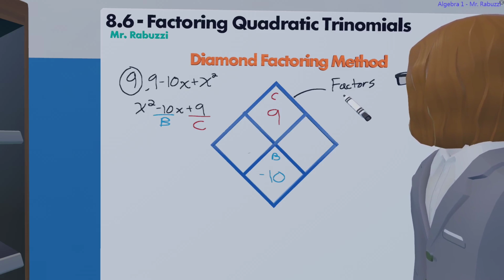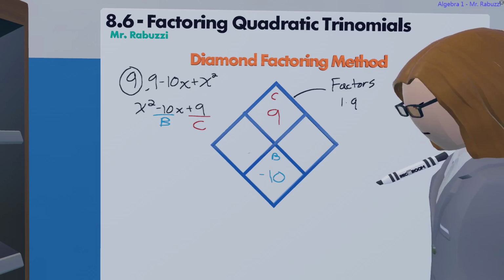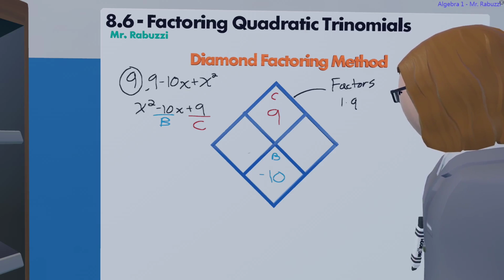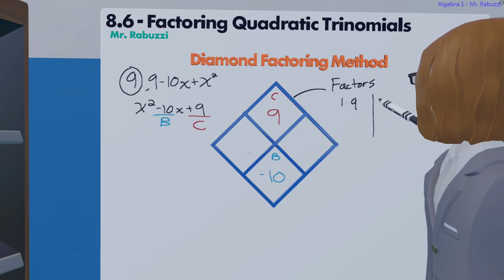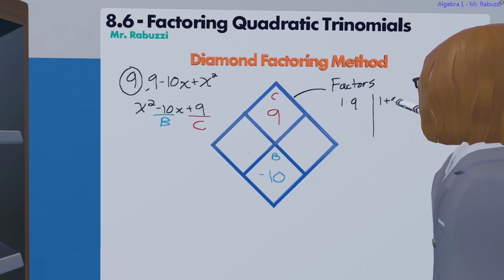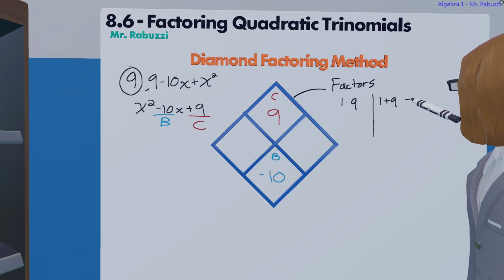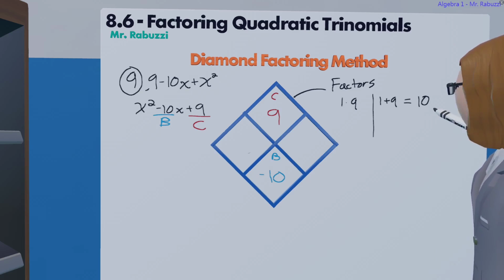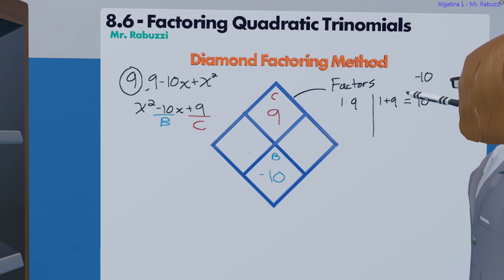Well, I know 1 times 9. Okay. Let's see. If I do 1 plus 9, do I get 10? I get 10, which is not -10. I'm looking for -10 over here, right? So it's not this one.